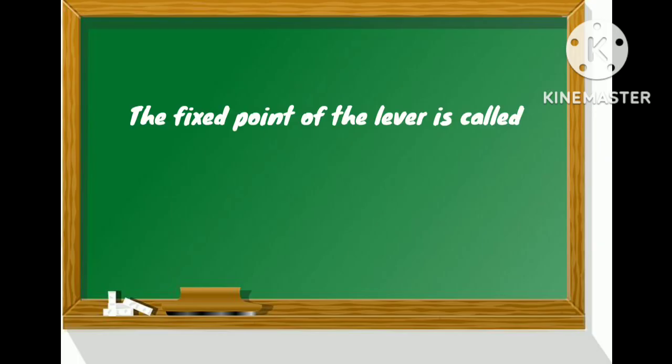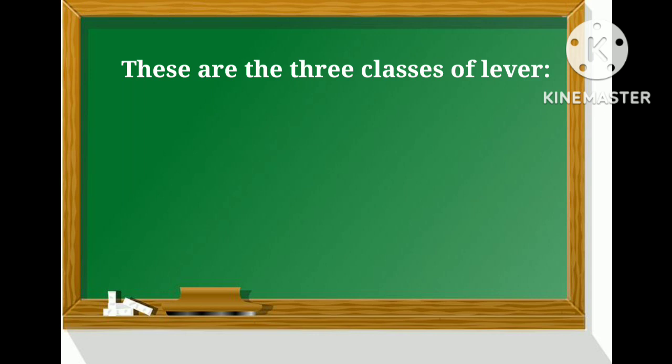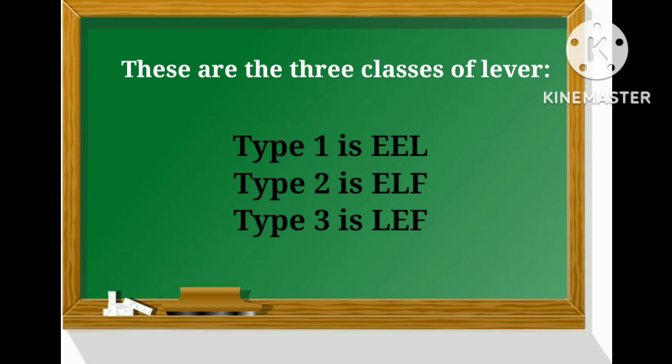The fixed point of the lever is called the fulcrum. These are the three classes of lever. So the first one is effort, fulcrum, and load, or EFL.